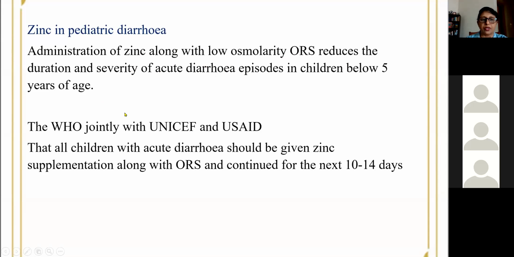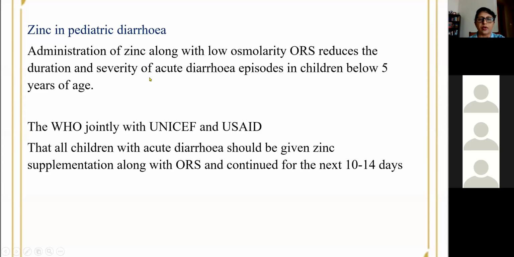So zinc is very important. The latest dictum is that all children with acute diarrhea should be given zinc supplementation along with ORS, and continue for 10 to 14 days. If you go to the pediatric ward, you can see that for diarrhea they prescribe zinc also.